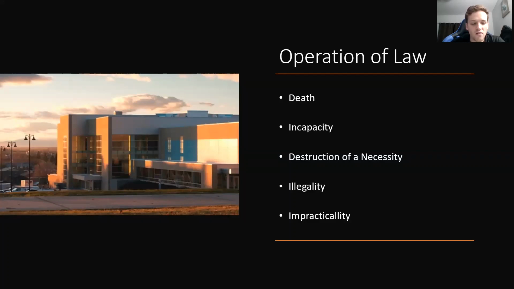And the price of the building to the contractors would be exceedingly more. And it made it to where if they were to continue, their business would go bankrupt. And so the two parties came together and they discussed the findings, and they made a new contract after that. So the impracticality of the finding of the lava rock voided the contract because they wouldn't be able to do it.